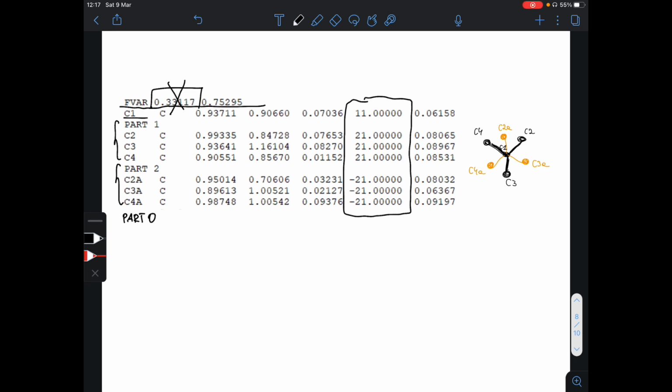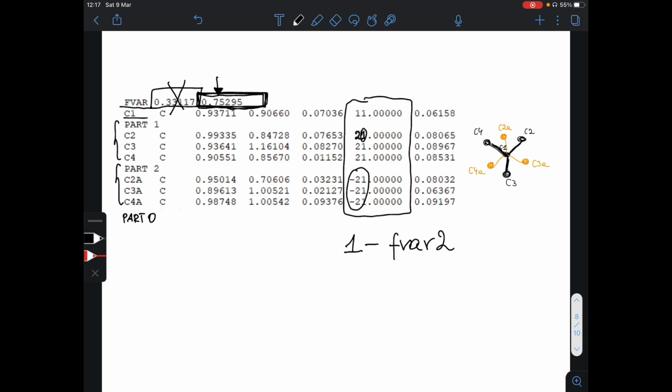So, what does it mean? 21 means that it's related to the second number in the free variable list. It relates to the second free variable that we're going to input here, and it multiplies it by 1. Okay? What does minus 21 mean? It means that we take 1 and subtract the value of the second free variable.